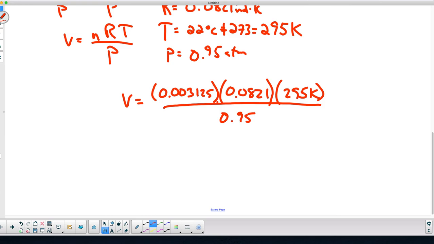Excellent. So at the end here, after the calculation, I get 0.0797 liters when I round off. And that is the answer to part I2.